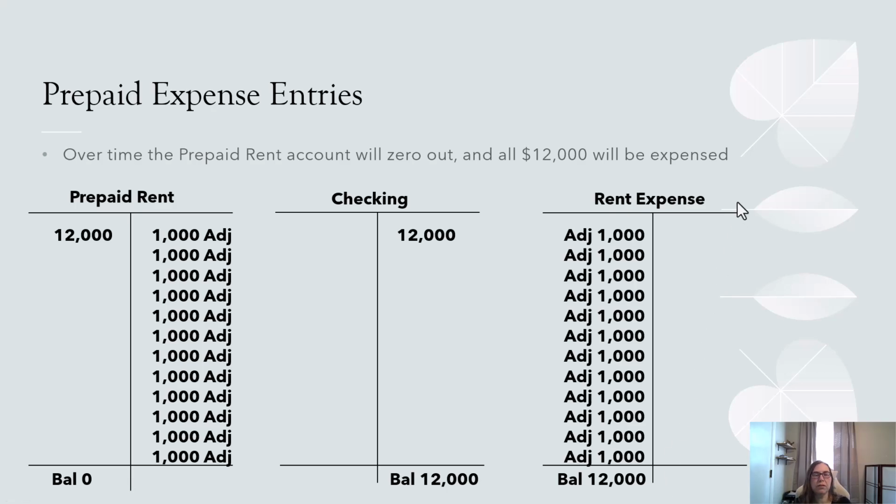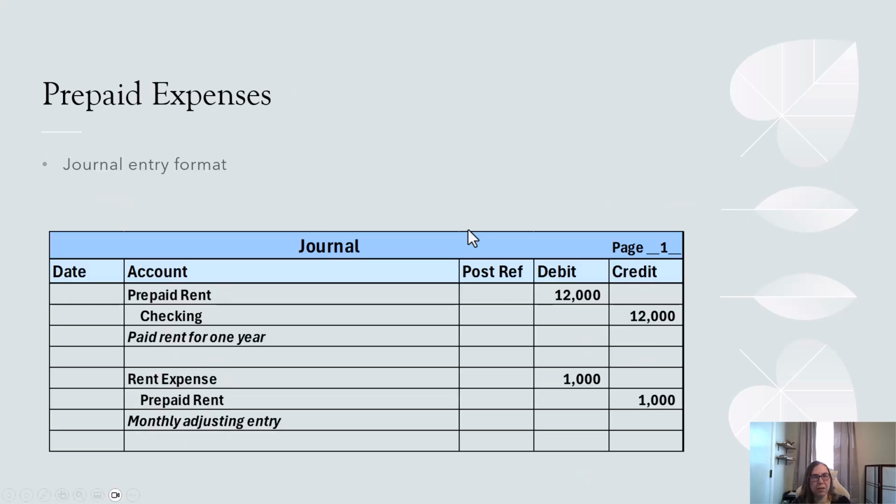And then if you wanted to look at how this would look in a journal entry format, these would be the journal entries you might see. You're debiting prepaid rent, crediting checking for the initial payment, and then each month you would be debiting rent expense to add to the expense account, and the credit to prepaid rent would be subtracting or offsetting this debit.